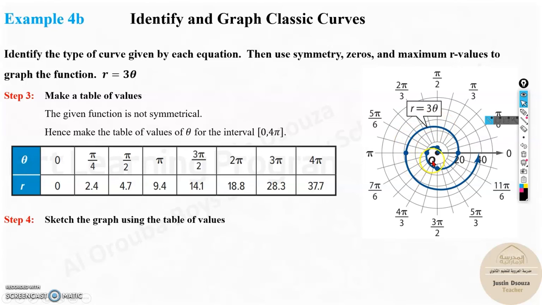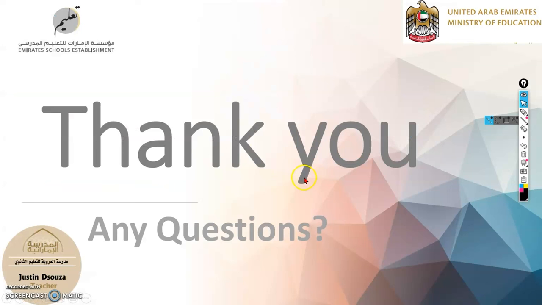In this case, it is the spiral of Archimedes. And then you can say which is the zero and which is the maximum value. This does not have a maximum value because it keeps on going. So you can find the basic details of it. For any equation, just graph it directly, and then you can find the shape, and then you can tell about the graph.